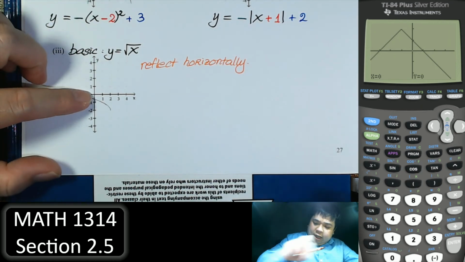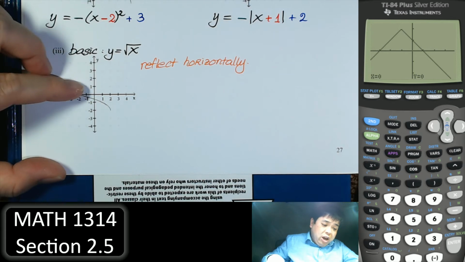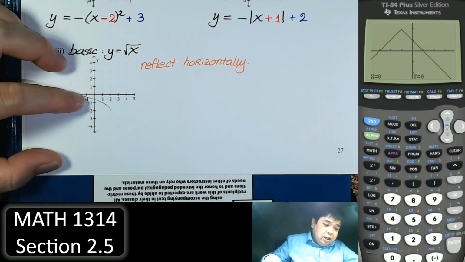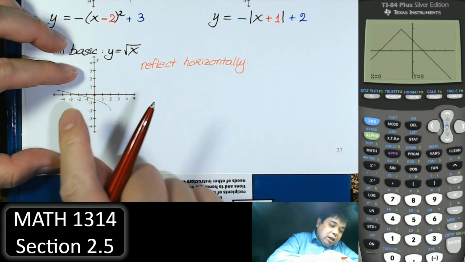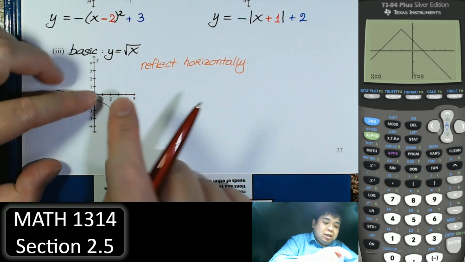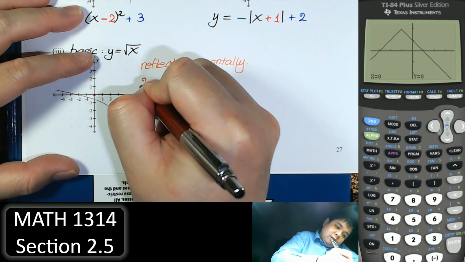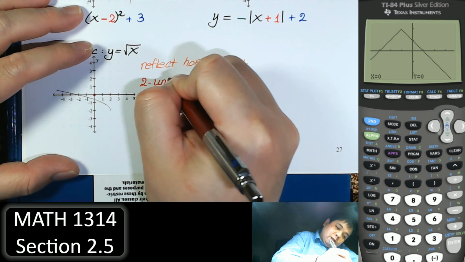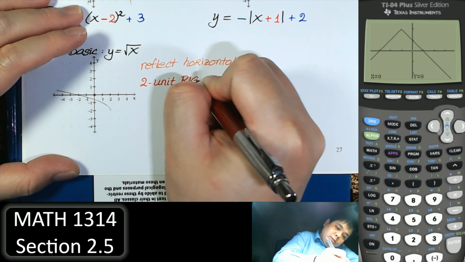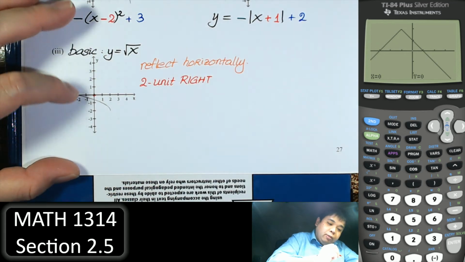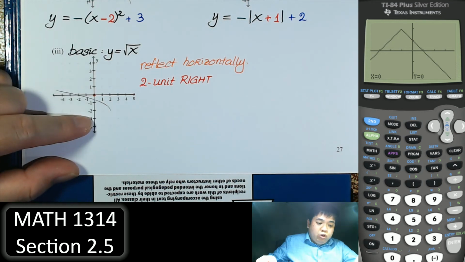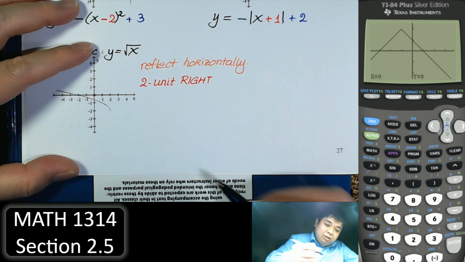And what else? If it is reflect horizontally, we still have some transformation here. 0, 0 here, right? Move 2 units to the right. And then move 2 units down.